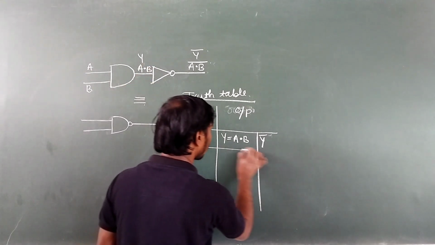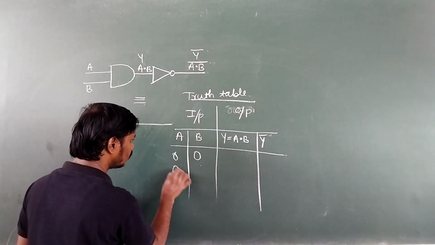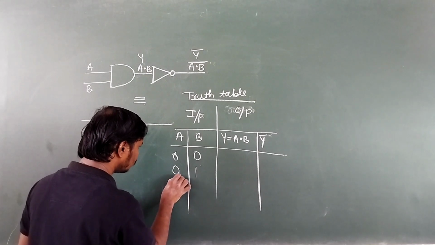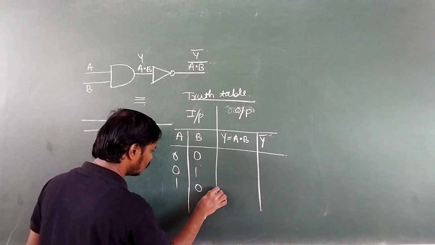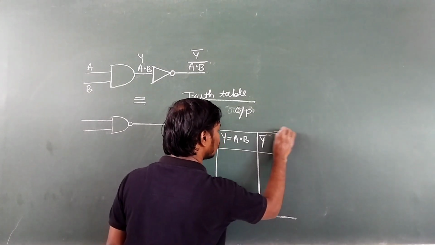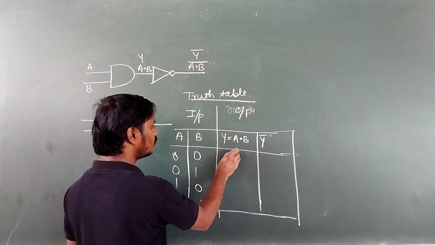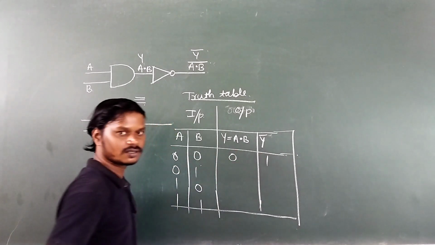Now see here. If A 0, B 0, then A 0, B 1, then A 1, B 0 and A 1, B also 1. Then the outputs: 0 and 0 is 0, then the complement of 0 is 1.